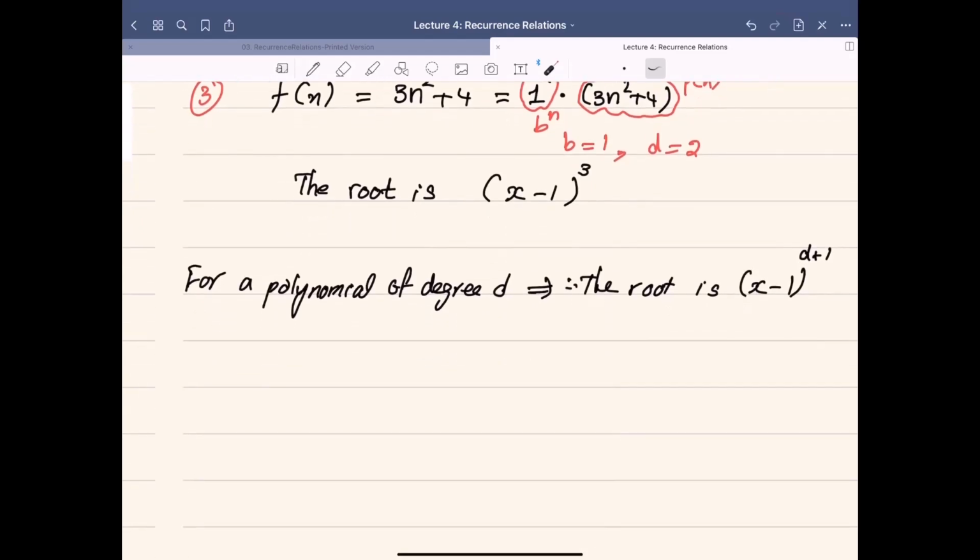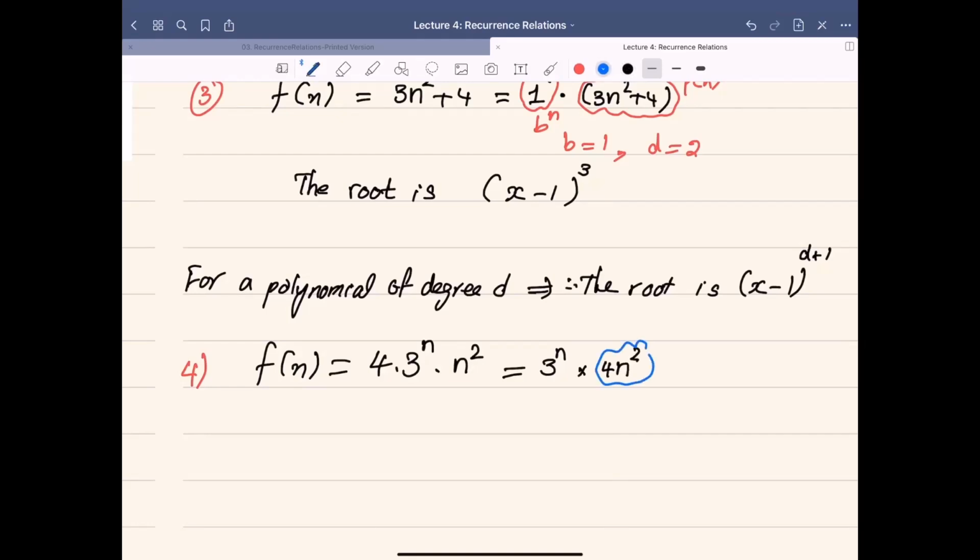The last case, number 4, if we have a function that combines both exponential and polynomial, so 4 multiplied by 3 raised to power n times n squared. So this one can be written as 3 raised to power n multiplied by 4n squared. So this is the polynomial p of n, and the degree is equal to 2, and this is the part for b raised to power n, and b is equal to 3.